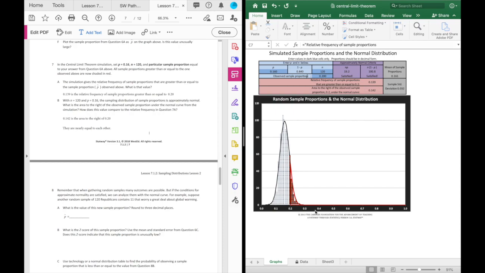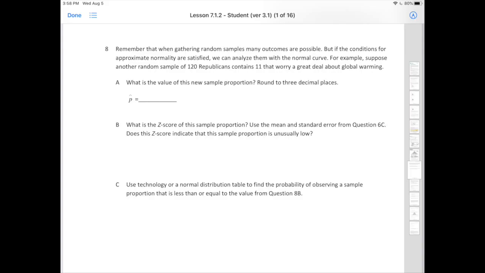Put another way, if you take 120 Republicans and sample them, only 14% of the time, 0.14, are you going to get a sample where 20% of them or more think that global warming is a big deal.